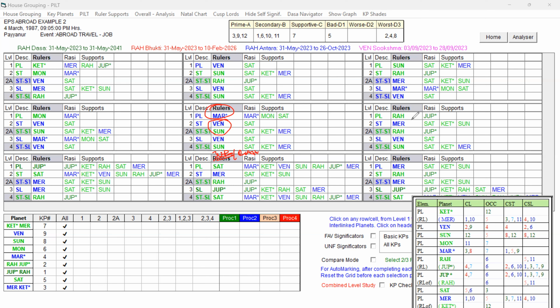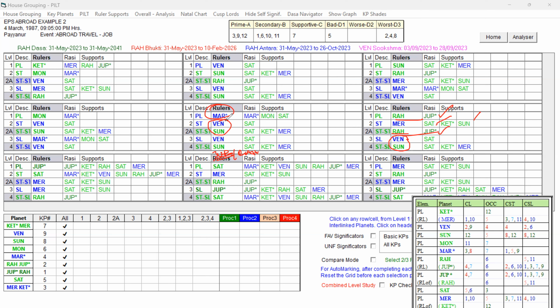Next is Rahu itself. Rahu, Jupiter has come, and Venus, Sun play a role at the sub-level, and the star lord of the star lord is also Jupiter, Rahu. So you can see this grouping is supportive. The star lord is Mercury, talking about professional prospects, further supported by Saturn, Sun, and the sub level Venus, Sun.